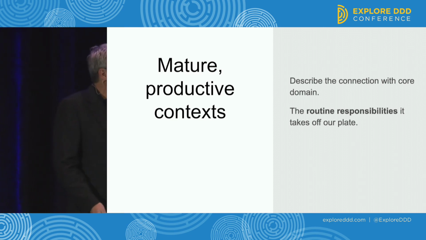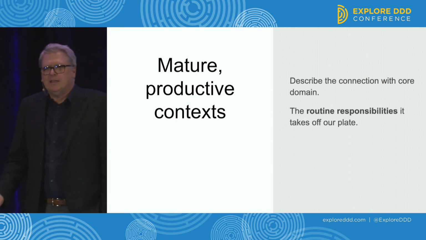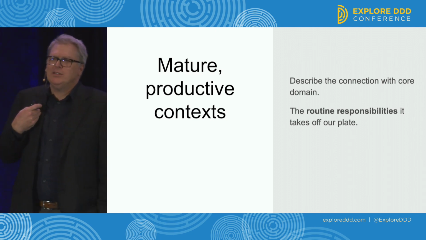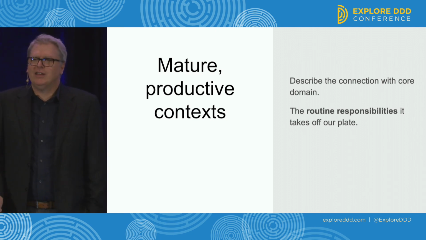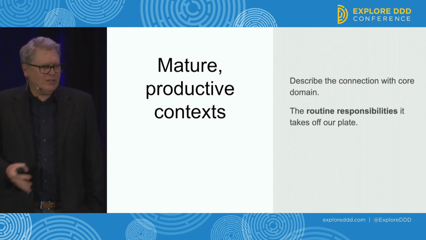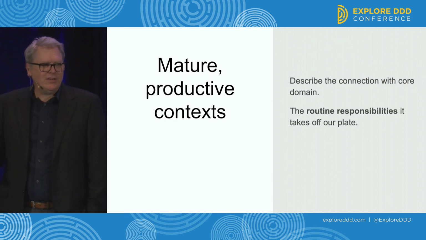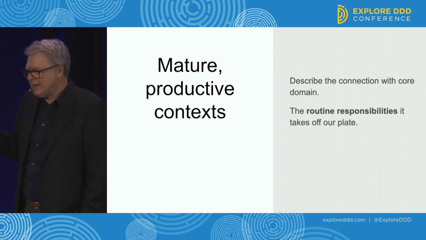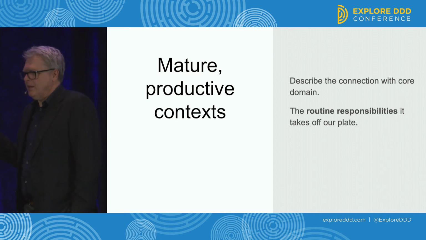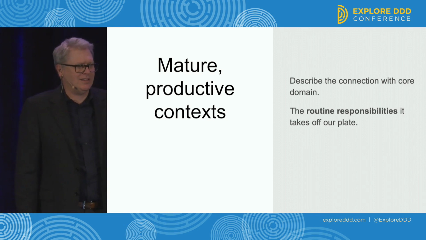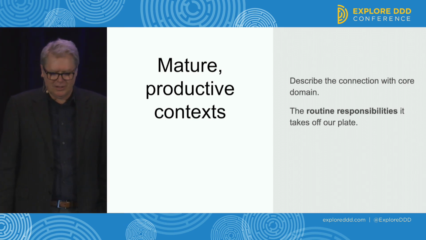Also, routine responsibilities that it takes on. That stuff's boring. Do I really want, with that fresh new garden that I'm going to plant, to replace all the tedious stuff that those legacy systems are doing day in and day out? No, I think I should appreciate that they're doing all that stuff so that I don't have to.